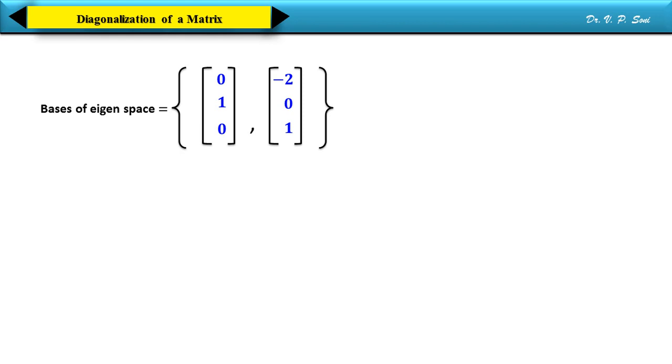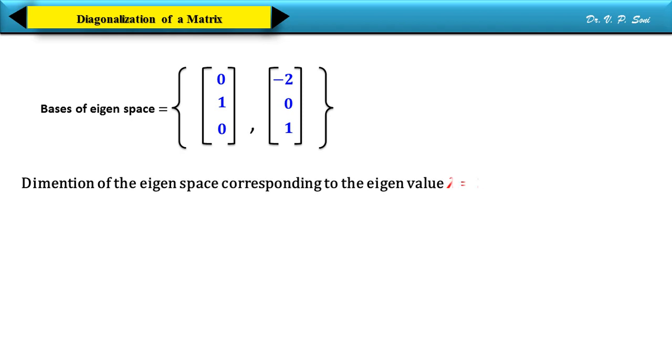Here the basis of the eigenspace contains only two vectors, therefore the dimension of the eigenspace corresponding to eigenvalue λ = 3 is 2, and therefore the geometric multiplicity of λ = 3 is 2.